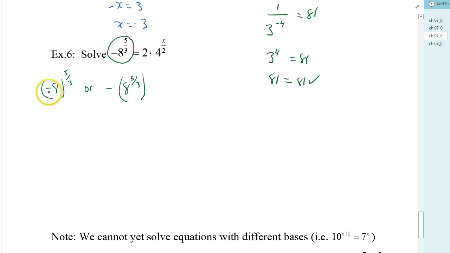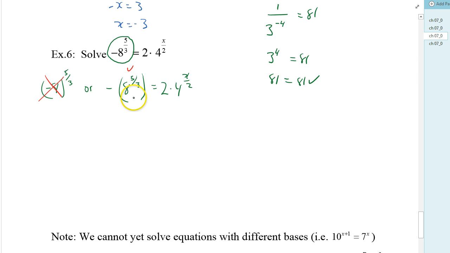Do we include that negative with the power or not? And the answer is we don't. We can think of it as 8 to the power of 5 over 3 and then multiplied by negative 1. So this is not the one we want, this is the one we want.